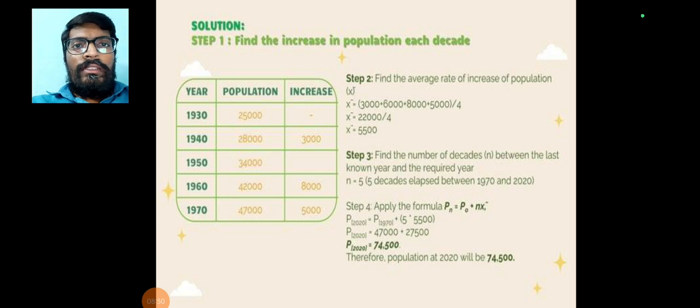So here, in step 4, we apply the formula Pn is equal to P plus n into I. Pn is the population in 2020, P is the present population given in 1970, which is 47,000. So 47,000 plus n, the number of decades 5, into the average increase in population 5,500.